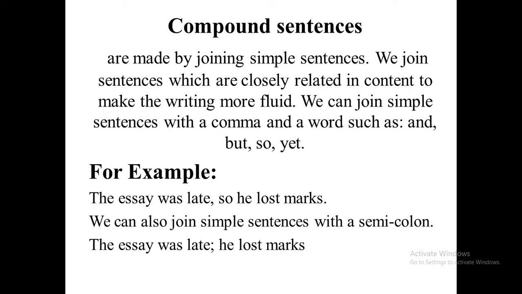So now we have to look at examples. The essay was late, so he lost marks. We can also join simple sentences with the semicolon. The essay was late; he lost marks. Now you can see that we have used a semicolon.